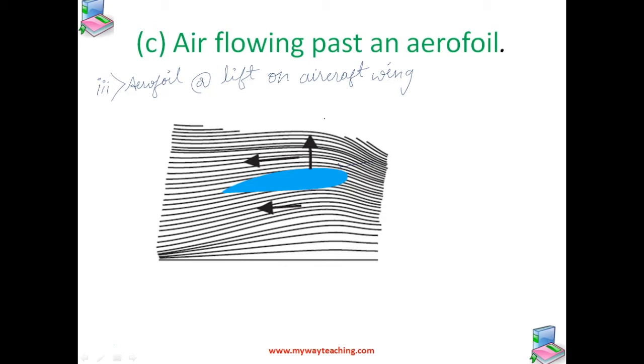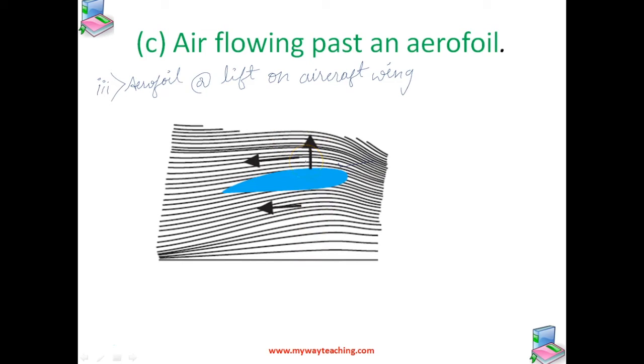When the aerofoil moves against the wind, the orientation of the wing relative to the flow direction causes the streamlines to crowd together above the wing more than those below the wing. You can observe it from this figure.